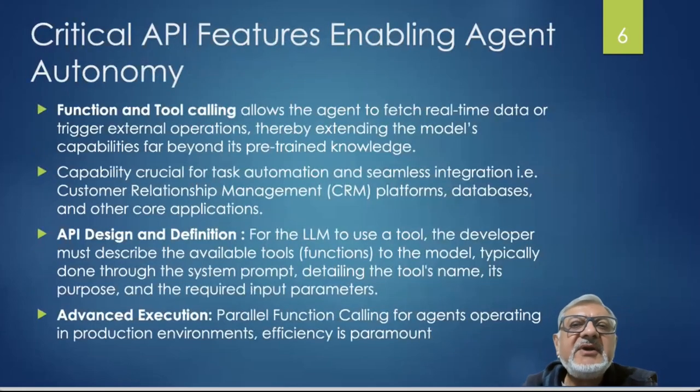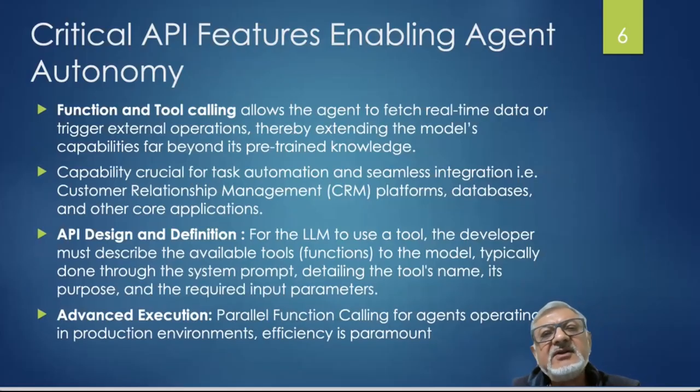The critical API features which can enable agent autonomy are function and tool calling. The API should have the feature of function calling so that a specific function which is required by the agent, like fetching real-time data or triggering some external operations, can be called.